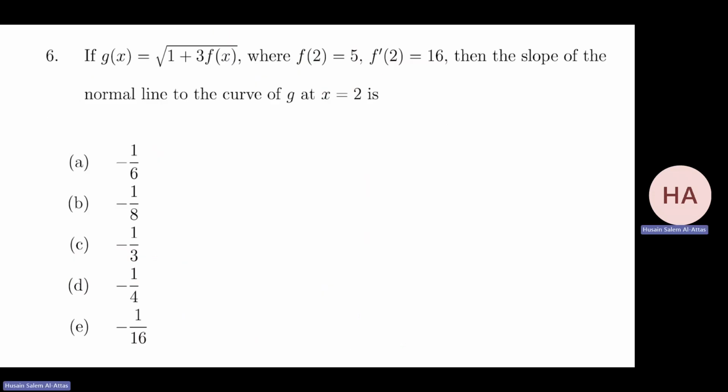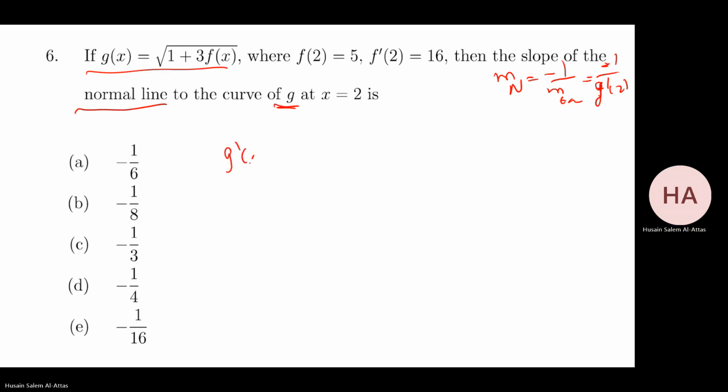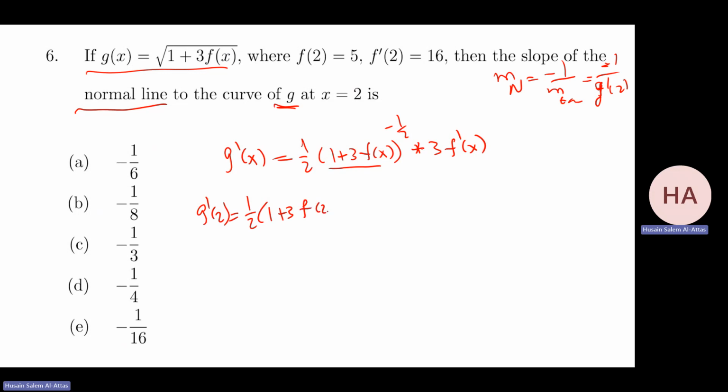G of x equals this, then the slope of the normal line to the curve of G. Slope of normal is minus 1 over the slope of tangent, which is minus 1 over f prime at 2, or G prime at 2 in this case. So I need to find G prime at x. This is the power half, so it will be half of 1 plus 3f of x to the power minus half, times the derivative of this, 3f prime at x. At 2, G prime at 2 will be half of 1 plus 3 f at 2 to the power minus half, times 3f prime at 2.